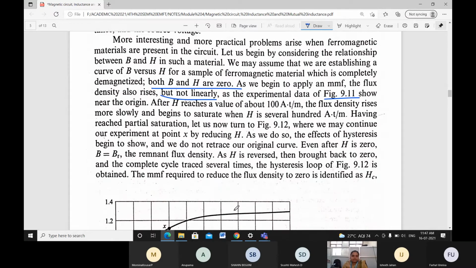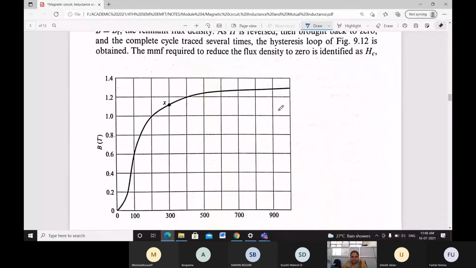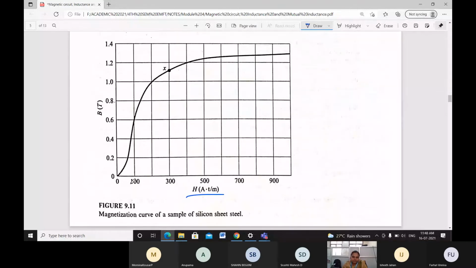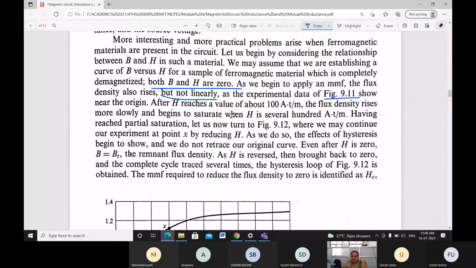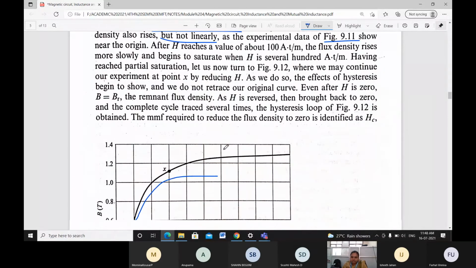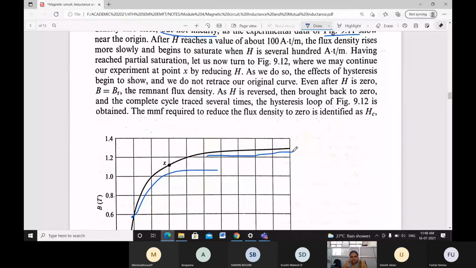After H reaches a value of about 100, observe here, after 100 ampere turns per meter, the flux density rises more slowly and becomes saturated. Above it, it goes on increasing, but observe that it is almost saturating.